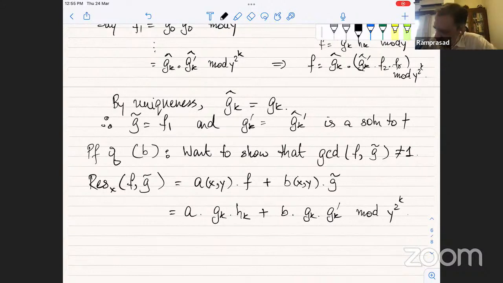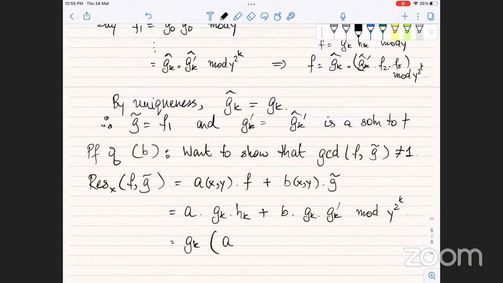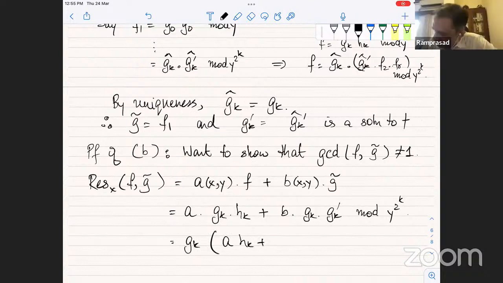So far so good. So this is equal to gk into a hk plus b times gk prime.